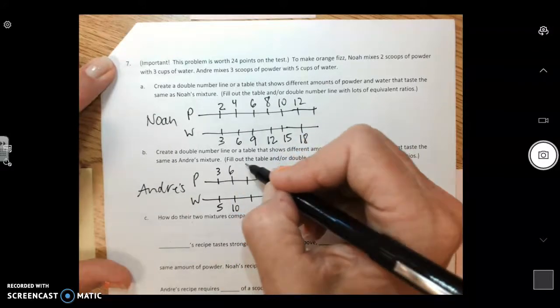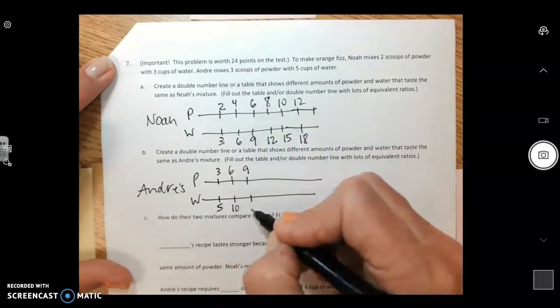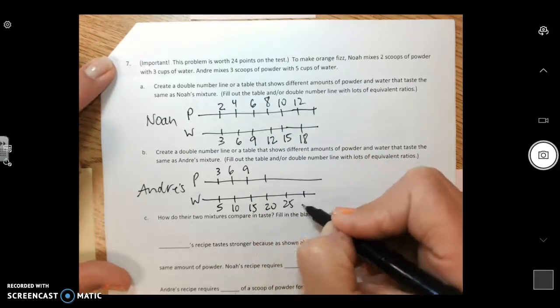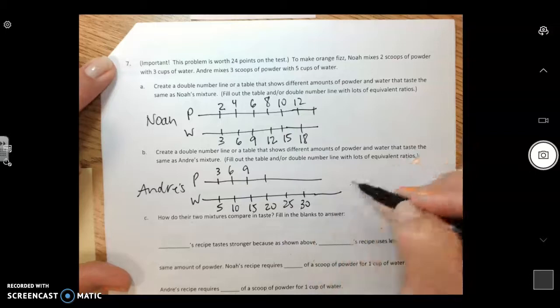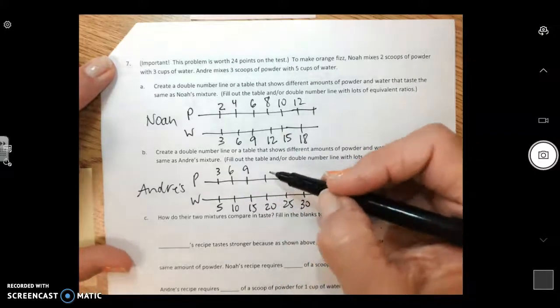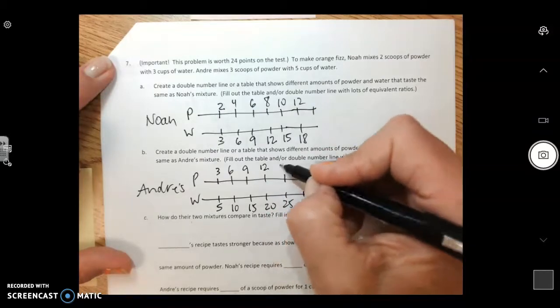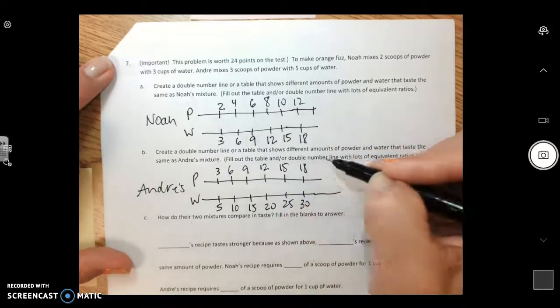A triple batch, 3, 6, 9, 5, 10, 15. And continue. Let's see. 3, 6, 9, 12, 18.